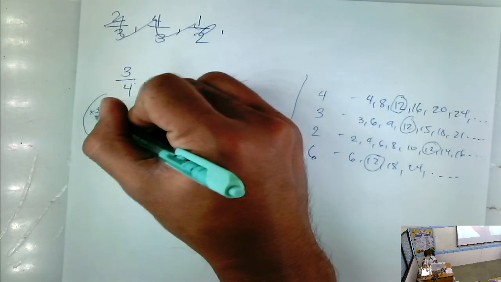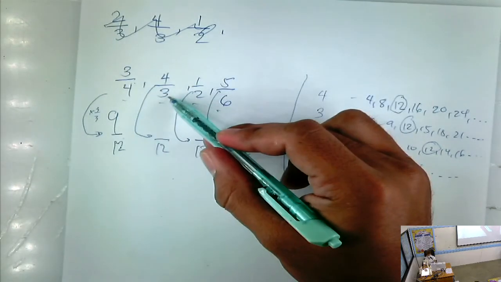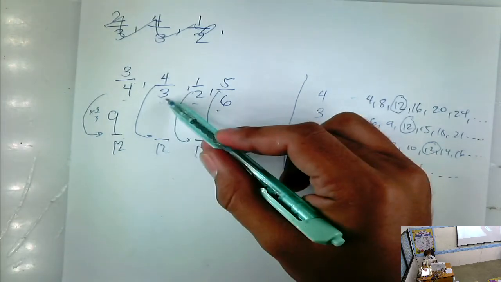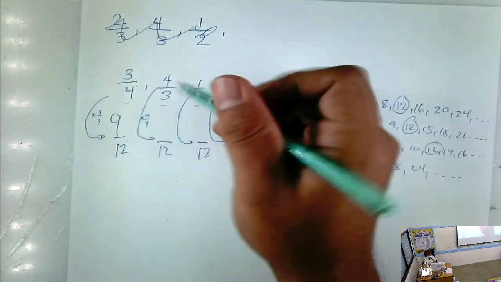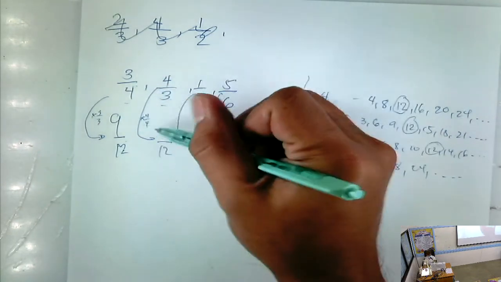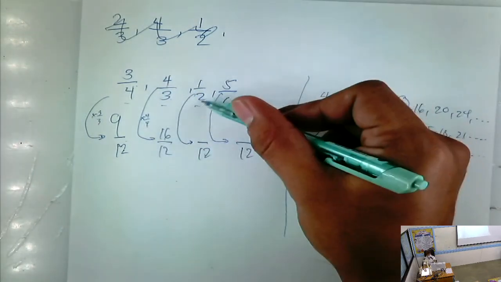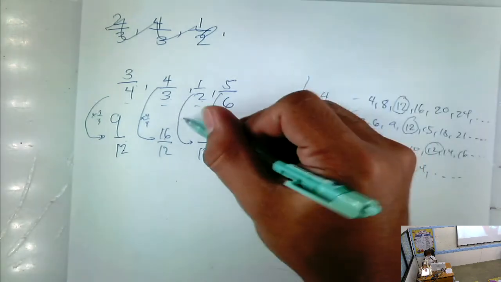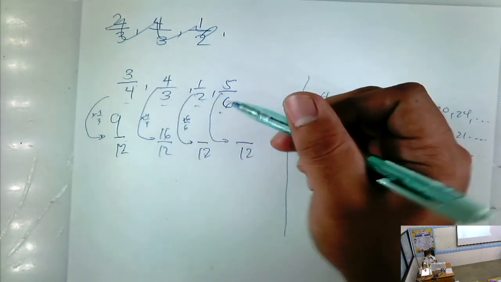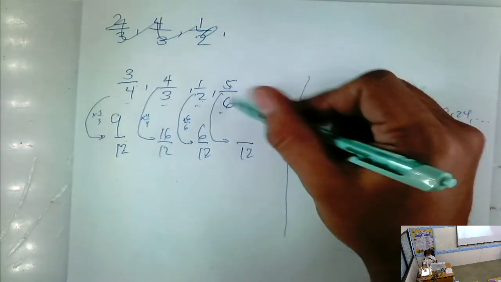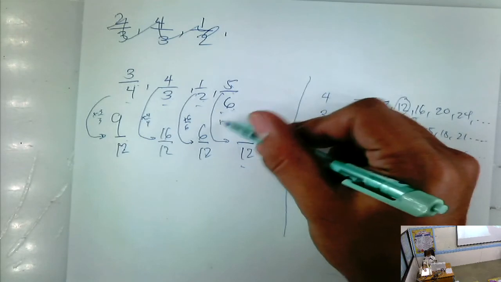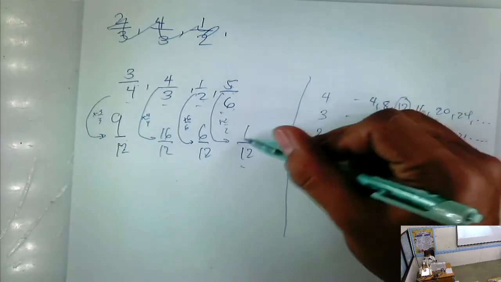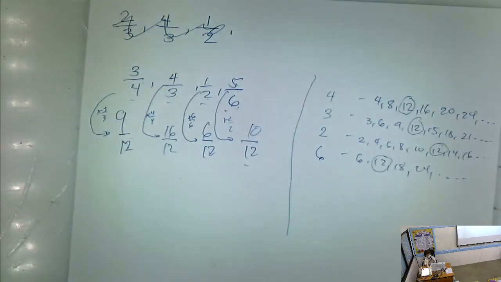So this times 3 over 3, 9. How about this one? 12 divided by 3, 4. So this is times 4 over 4. That is 16. 12 divided by 2, 6. So this is times 6 over 6. That is 6. And 5 over 6, 12 divided by 6, 2. So that is 2 over 2. So meaning this is 10.